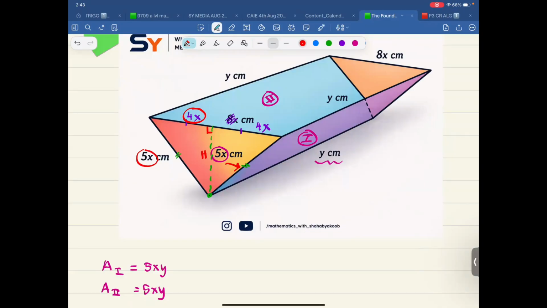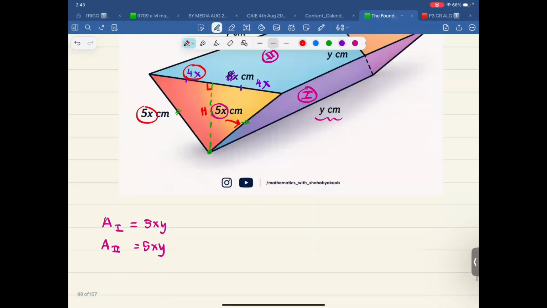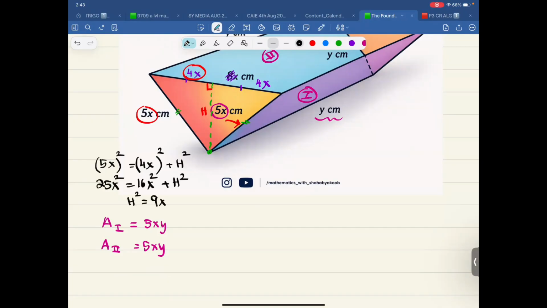And this is a right angle triangle. So let me write over here, that is 5x the whole thing square, that is 4x the whole thing square plus h square. This is 25x square, this is 16x square, this is h square. Therefore, h square is 9x square.